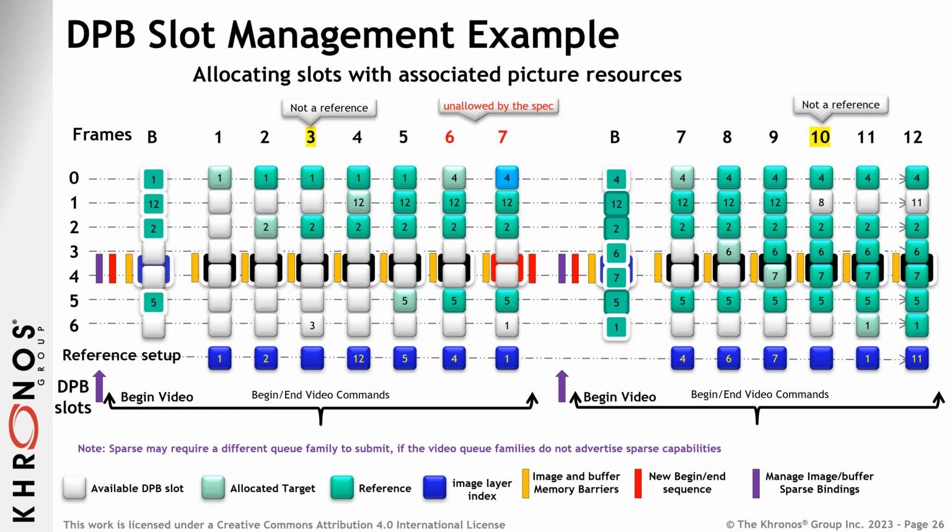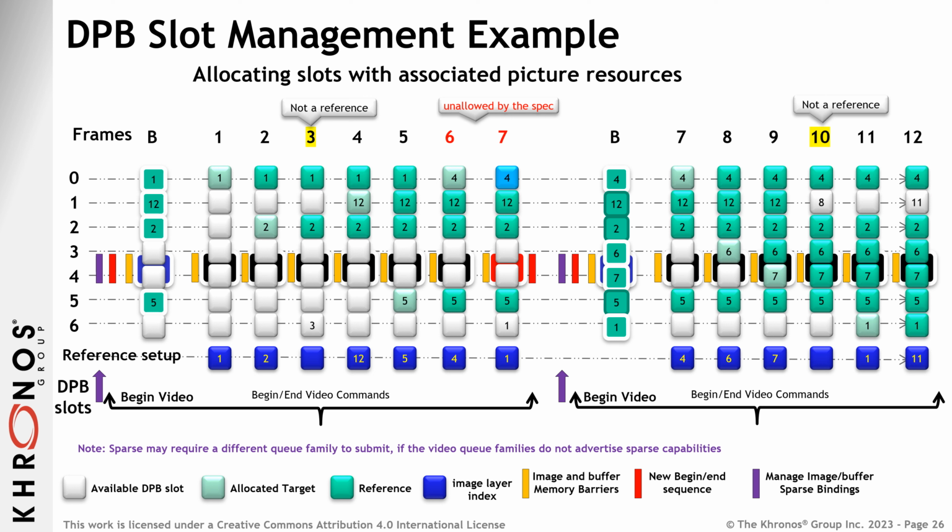As stated before, within the command begin video coding command, the application is required to declare the reference images it is planning to use in VkVideoBeginCodingInfo. In this example, we're using an image array where for each reference we're using a layer index shown in blue. The application has located and specified in the reference list for the first sequence of decode commands that it is going to create and use a total of 4 references with the image layer numbers 1, 12, 2, and 5.